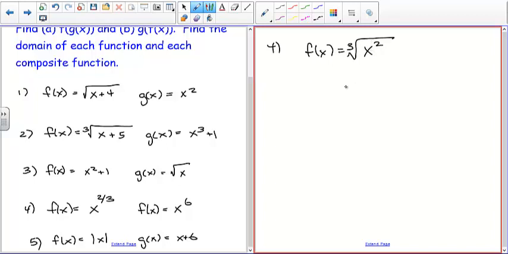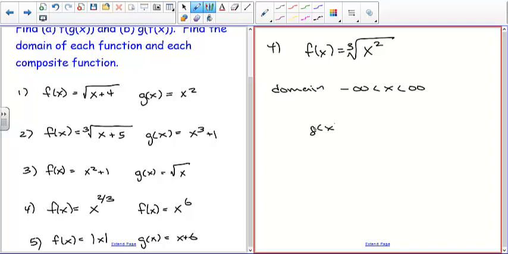So you can see that I can have both positive and negative values for x. Because once I plug that in, the squared is going to become positive, and the cube root of a positive number is a positive number. So everything works out great there. So this is my domain for f of x.